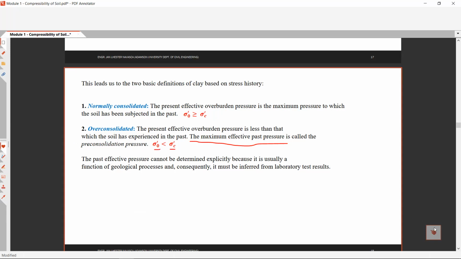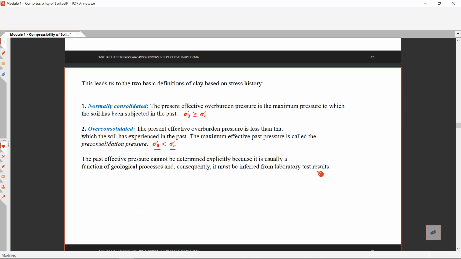So ang sakit naman nun. That is over-consolidated, so ibig sabihin over pa yung pre-consolidation pressure. The past effective pressure cannot be determined explicitly because it is usually a function of geological process, and consequently it must be inferred from laboratory test results.